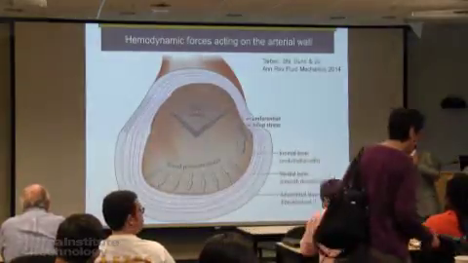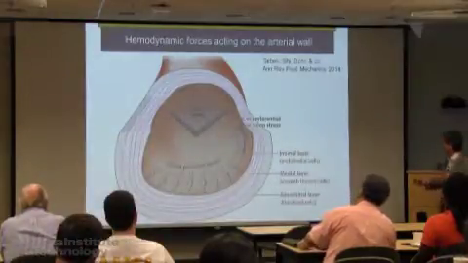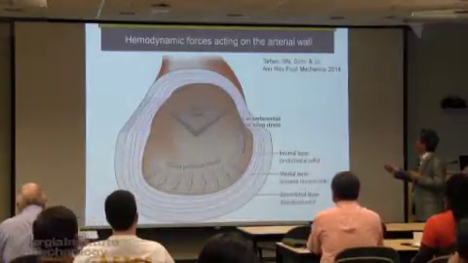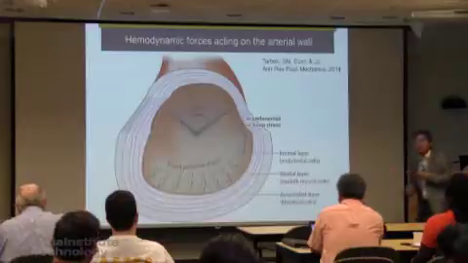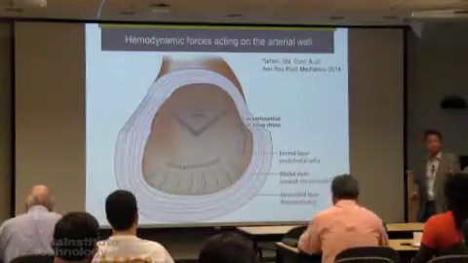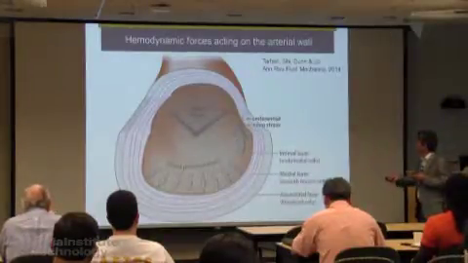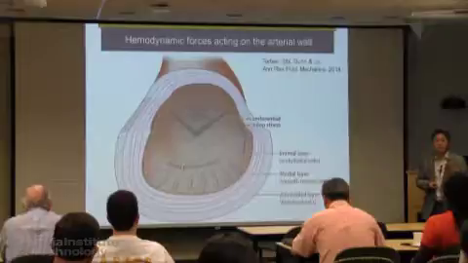So before I go further, I'll just give you one more introduction to the talk. Again, endothelial cells, this shows the arterial wall, and within the arterial wall there are two major mechanical forces. One is blood pressure caused by the volume of the blood, and the other force that is well known is shear stress.